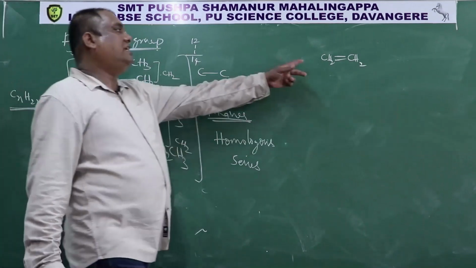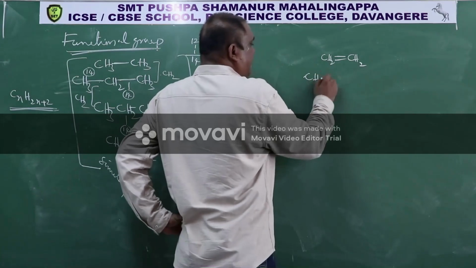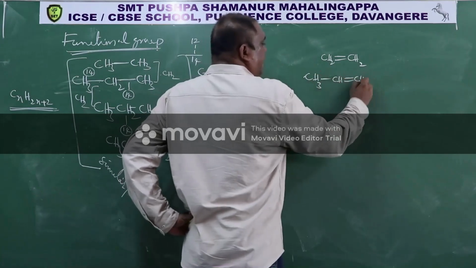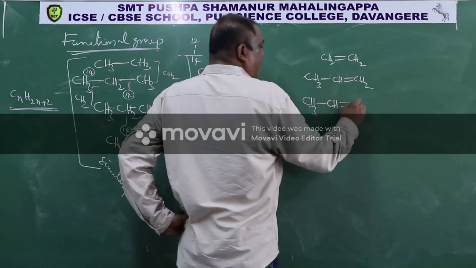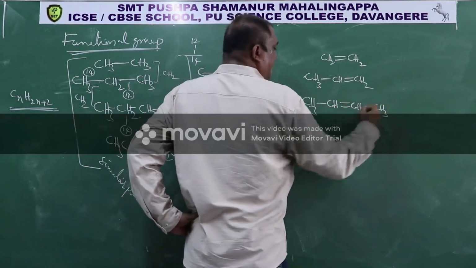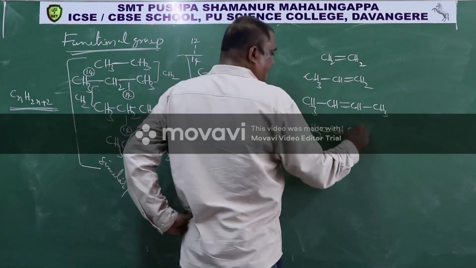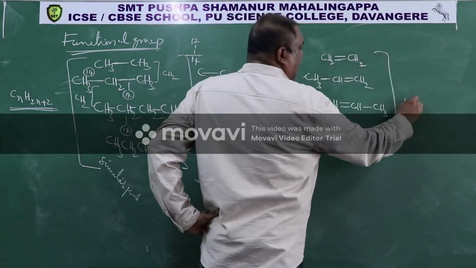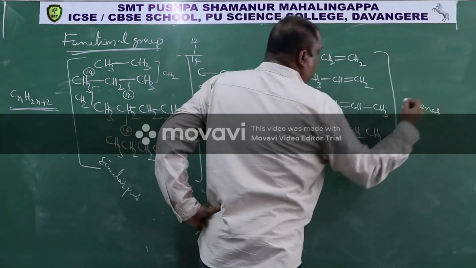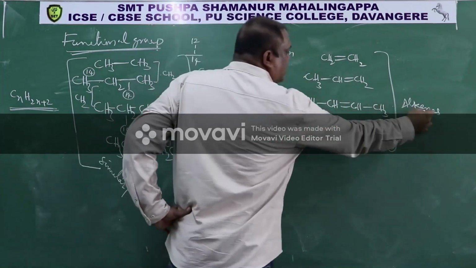Now this is ethene, this is propene, this is butene, and this is pentene. They are all called alkenes. They are represented by the general formula CnH2n. This is another homologous series.